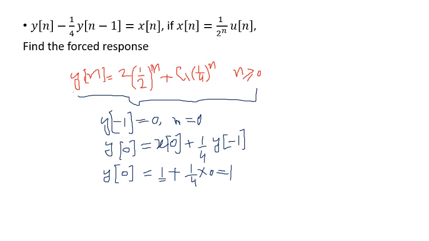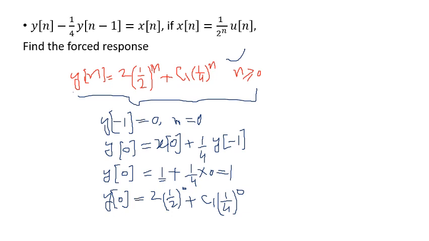So now using y of 0 equals 1, I can find the solution. Replacing the value here, I just put y of 0, so this will become y of 0 and this will become this.